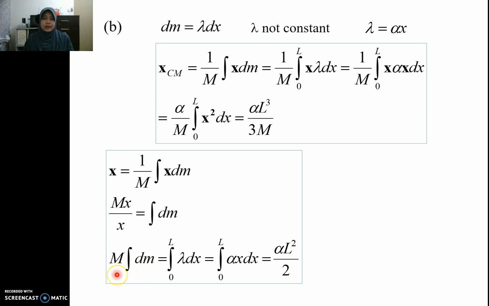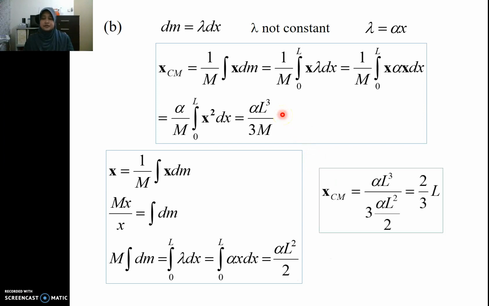So m here can be replaced with alpha L squared over 2. You substitute into this equation, you will get that the center of mass for the rod is 2/3 of the length of the rod, which is 2 over 3 L. That is for if lambda is not constant.